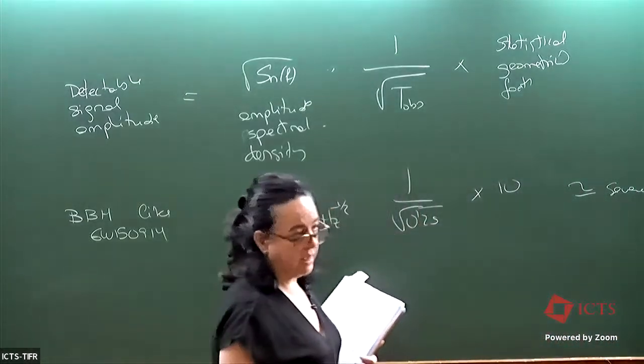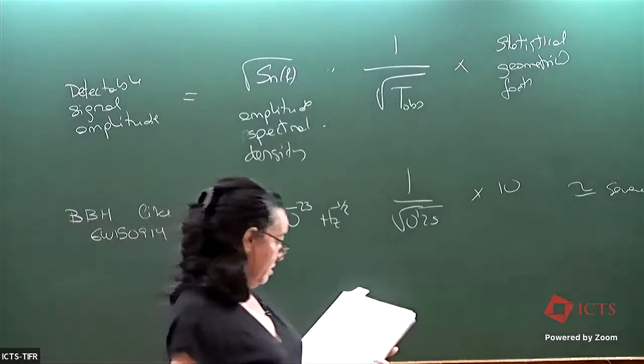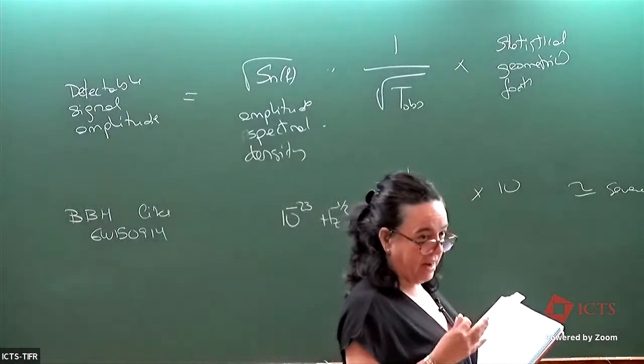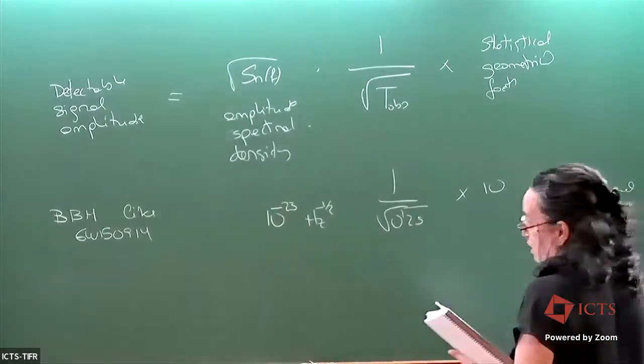And actually in that case, the signal was much stronger because the peak amplitude was of the order of 10 to the minus 21.